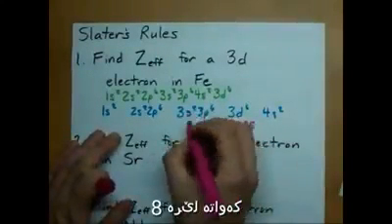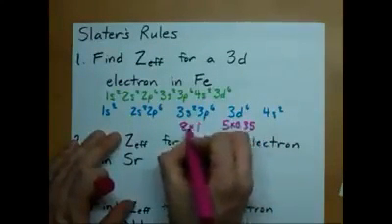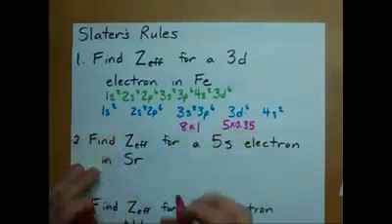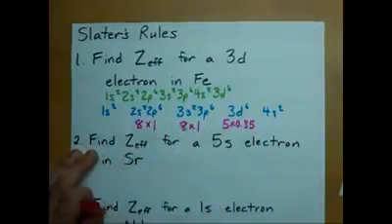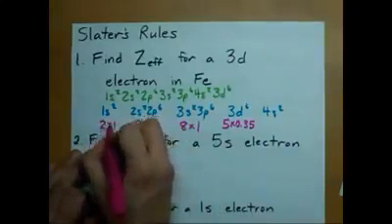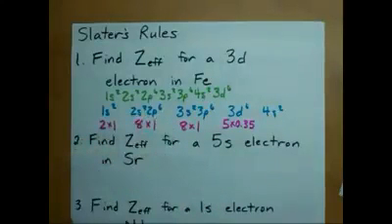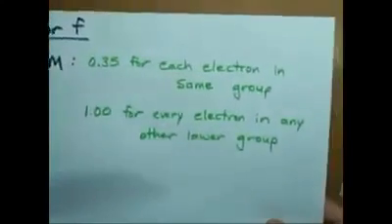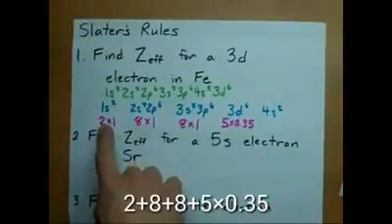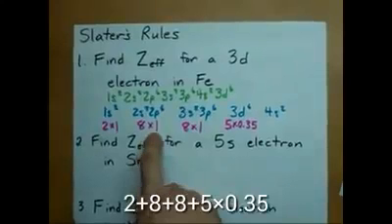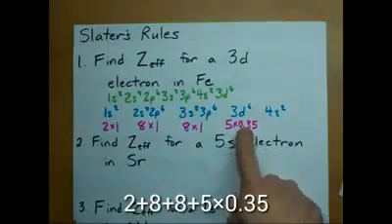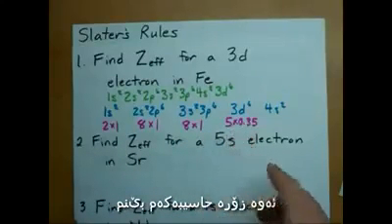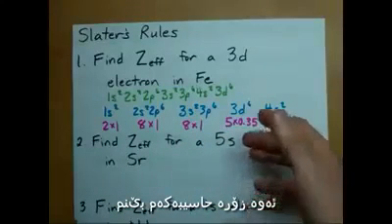So there's 8 here, so we're going to subtract 1 8 times. Here, there's 8 electrons. Subtract it 8 times. There's 2 electrons here. Subtract it 2 times. Add all of these together: 2 plus 8 plus 8 plus 5 times 0.35. That's, no, I don't have my calculator with me.